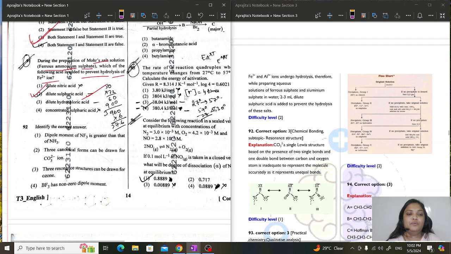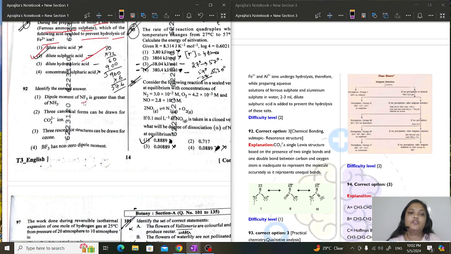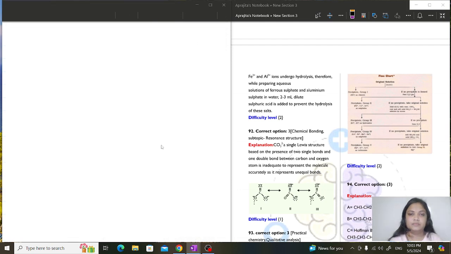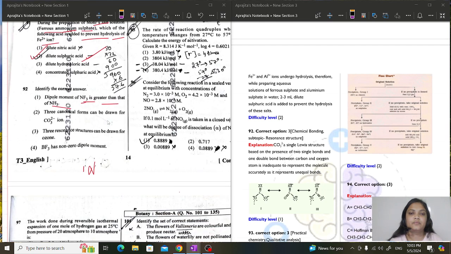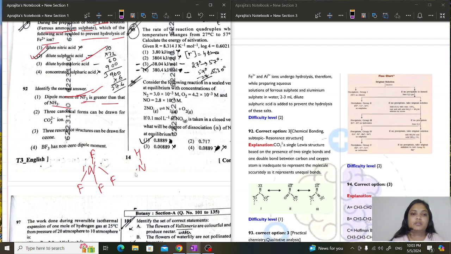Question number 92. Identify the correct answer. Dipole moment of NF3 is greater than that of NH3. So actually what happens in the case of NF3 and in the case of NH3?